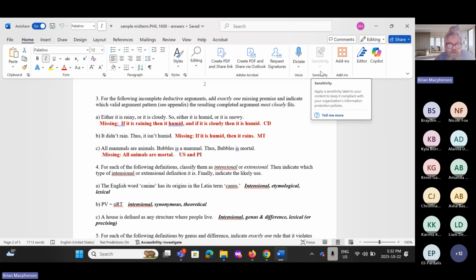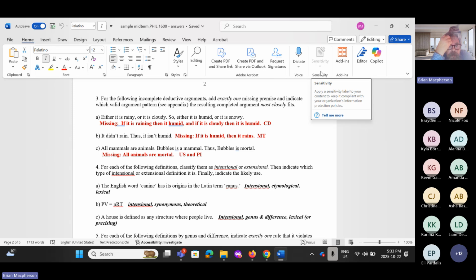And then you have P or Q, and you get R or S. So basically, the missing premise here to give you the conclusion, which is either it is humid or it is snowing, is if it is raining, then it's humid, and if it is cloudy, then it's humid. So that is called constructive dilemma.